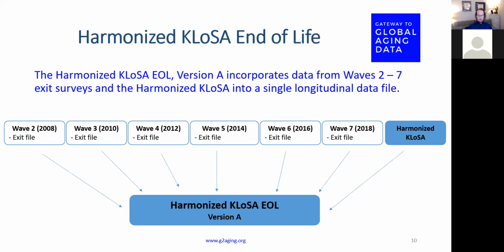And we've combined those together in a similar fashion to the Harmonized KLOSA into the Harmonized KLOSA end of life. And we also take some variables from the Harmonized KLOSA. Currently, version A of the Harmonized KLOSA EOL is available, and it was released as of yesterday.